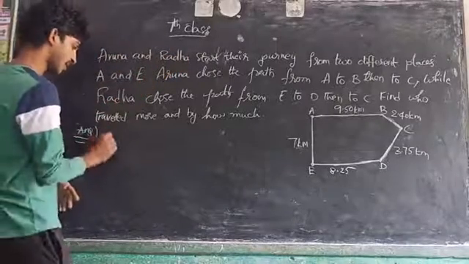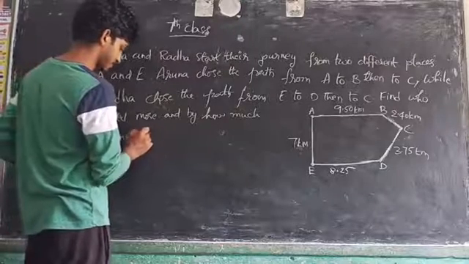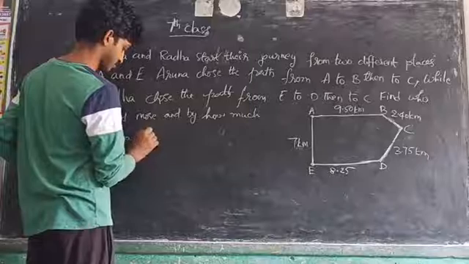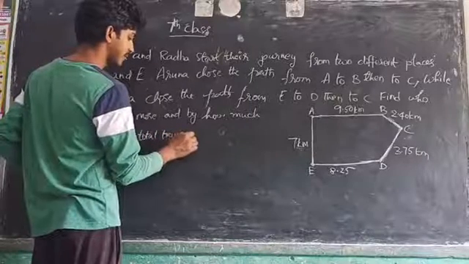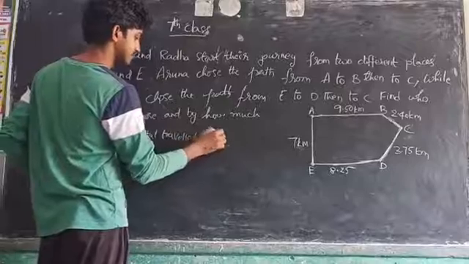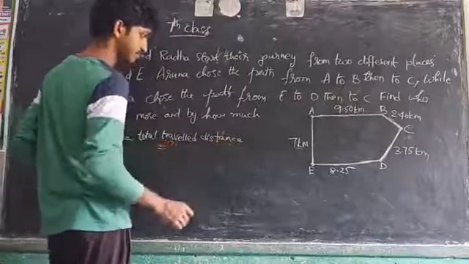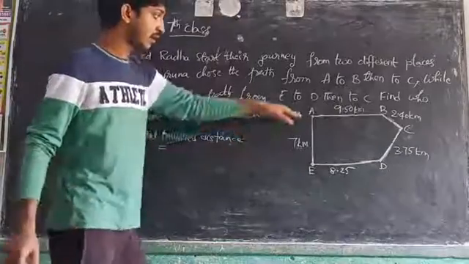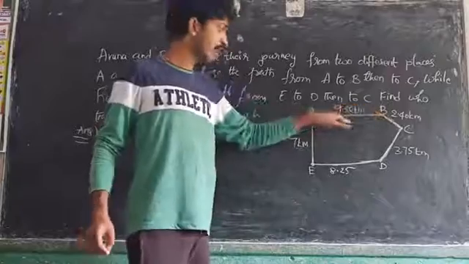So Arjun's total traveled distance is equal to, if you see here, Arjun started from A and then to B. A to B, what is the distance here?